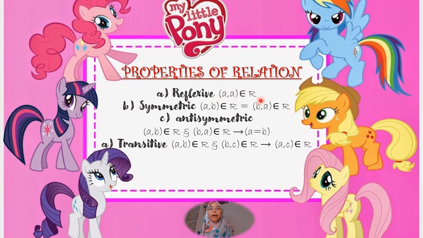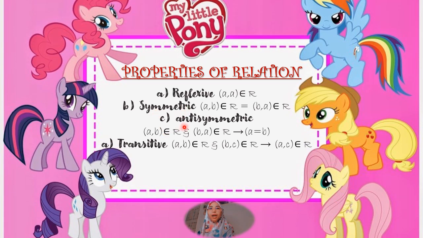For other examples, such as (b, b) element of R or (c, c) element of R. Second, symmetry, where (a, b) element of R implies (b, a) element of R. Or another example, (1, 2) element of R implies (2, 1) element of R because of symmetry.